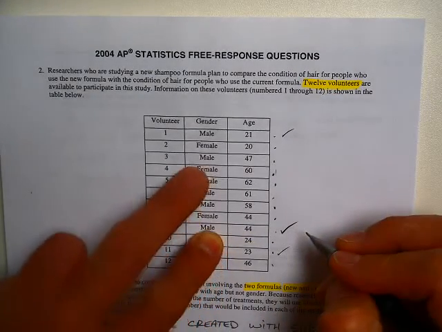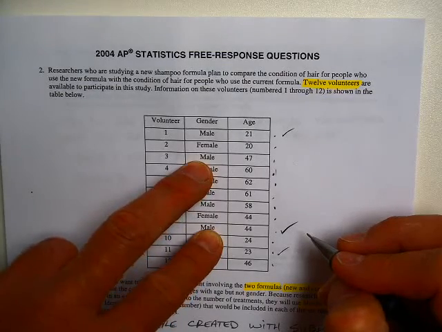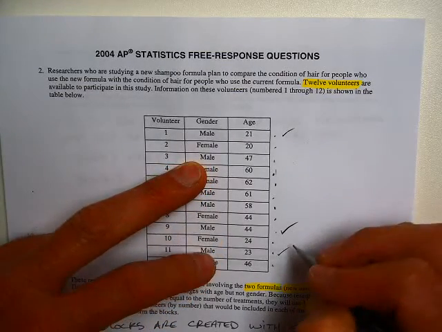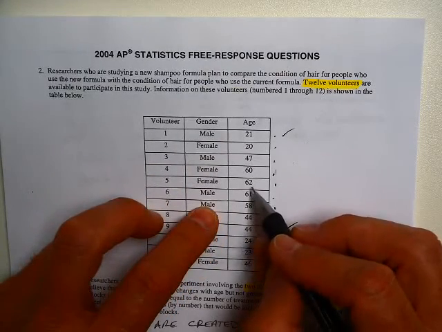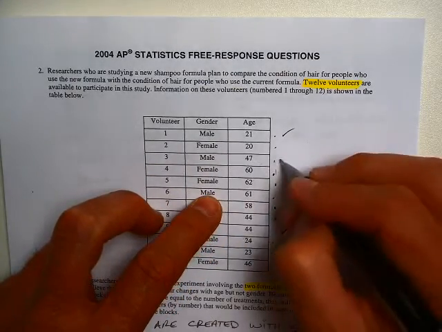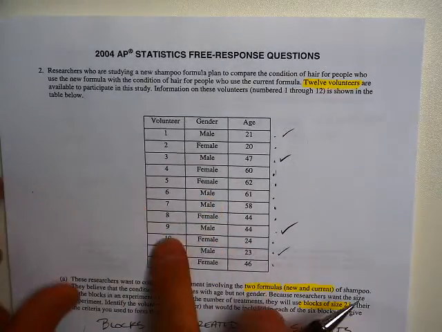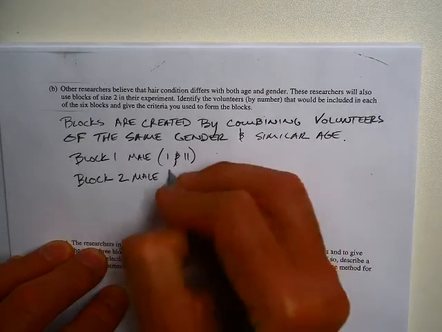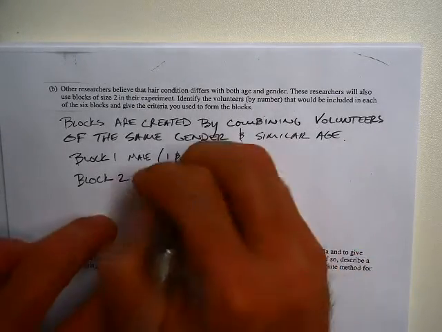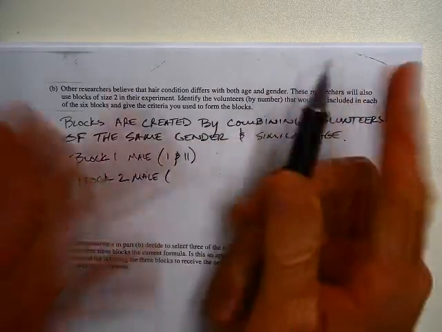And the next closest male in age to that would be, let's see, I want to make sure I'm not missing something. 44, I've got 58, 61, and 47, so it's going to be the 44 and the 47, so that's 9 and 3. I'm going to write that as 3 and 9. It doesn't really matter.